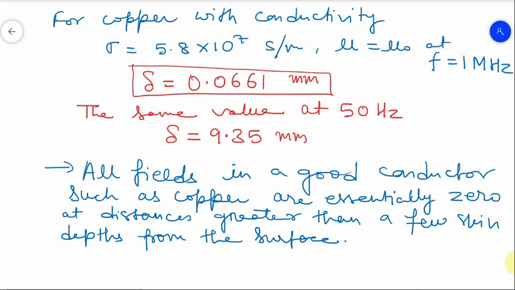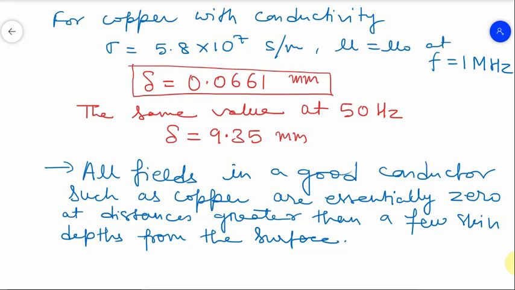And at the same time you have to consider that the electromagnetic energy is not transmitted in the interior of the conductor. It travels in the region surrounding the conductor while the conductor guides the waves. This is also a point you need to remember.